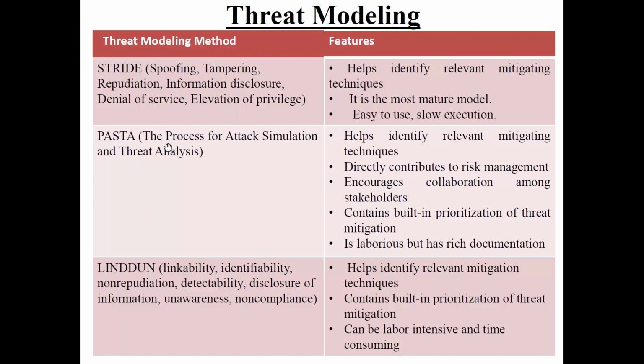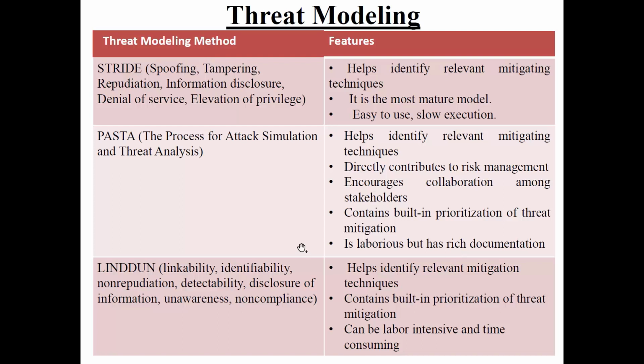Then there is the PASTA model. In the PASTA model, there are 7 stages, and each of these stages again has multiple activities. So that is why this model is very, very laborious. Though it has rich documentation, it is extremely laborious.